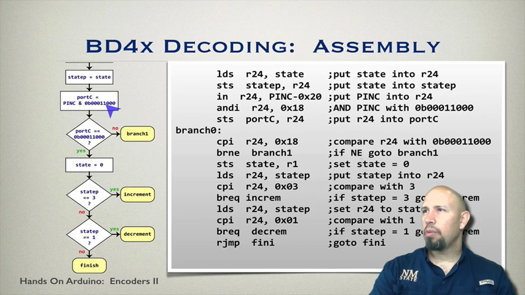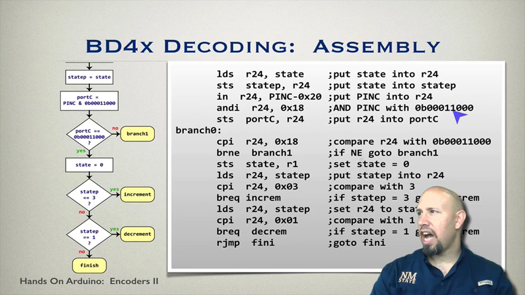Now I'm going to input into register 24 pin C, and notice again pin C, when we reference it this way, is actually its memory address, not its I/O address. In order to use the in command, we need to use the I/O address, and so the difference is the 20 hex. So we're going to read port C, put it into register 24. We're going to AND immediate with 18. 18, remember, is basically this binary. The 1 is here, and then 8 is the high bit of this lower nibble.